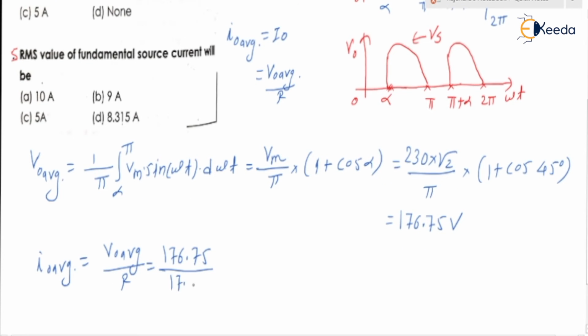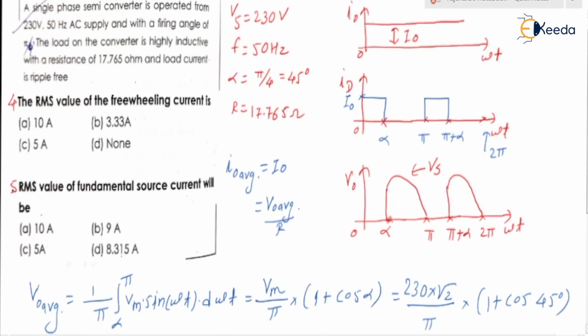So 176.75 divided by 17.765 is 9.95 ampere. Again, this value should be equal to I0. So I0 is 9.95 ampere.